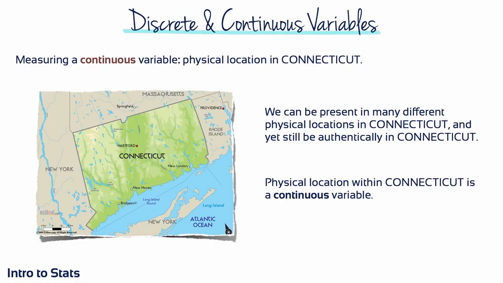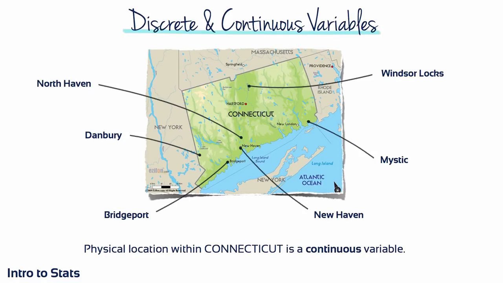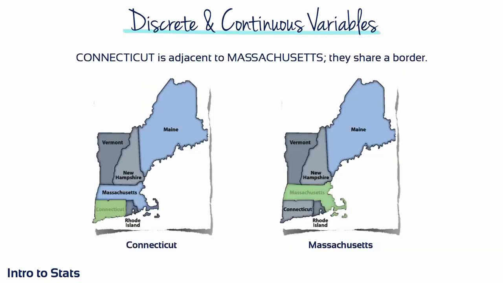Let's look at this concept in another way, in terms of physical location in Connecticut. We can be present in many different physical locations in Connecticut, and yet still be authentically in Connecticut. Physical location within Connecticut is a continuous variable. One person can be in North Haven, one in Mystic, another in Danbury, yet all three are genuinely within Connecticut.